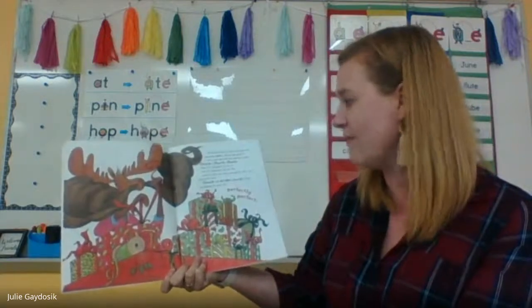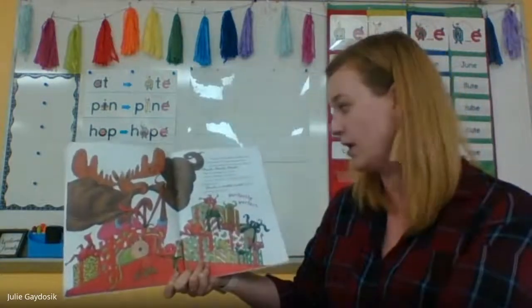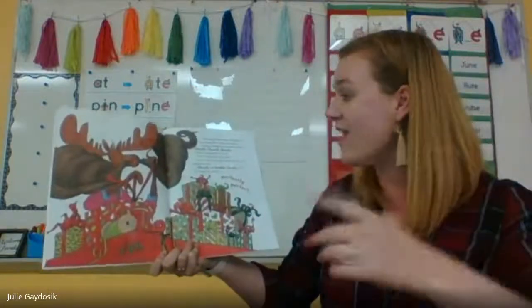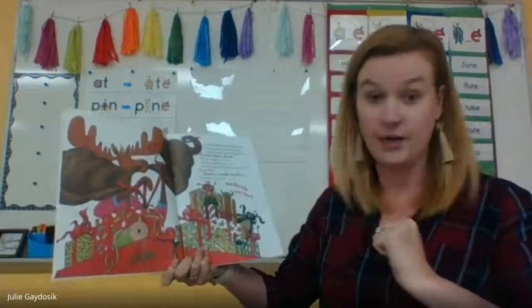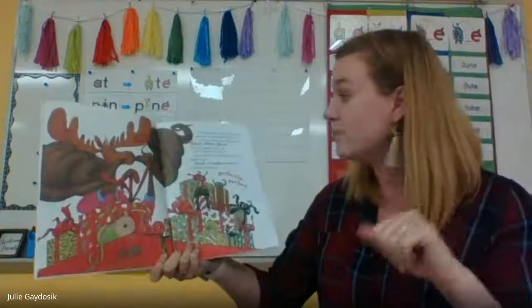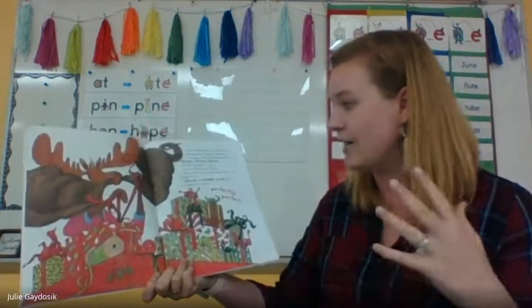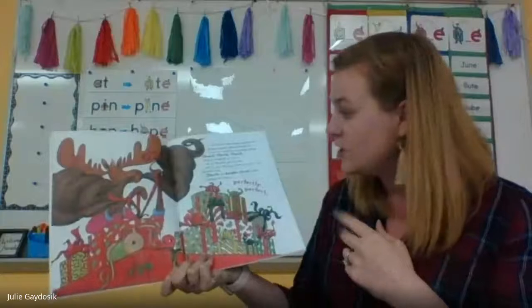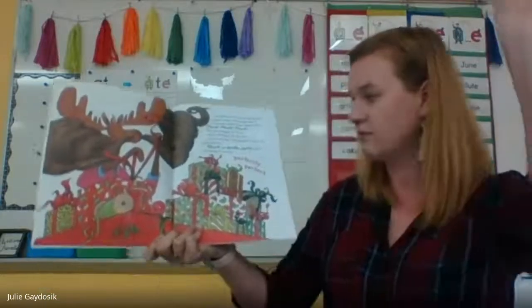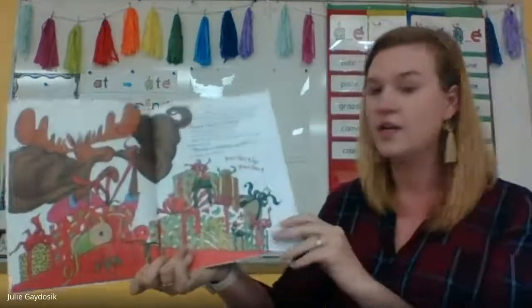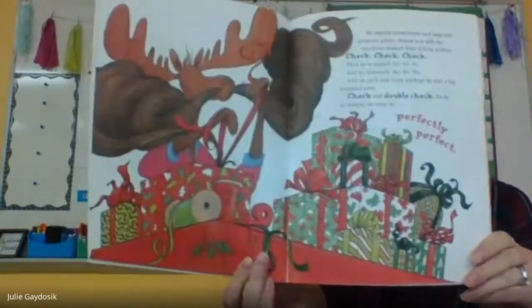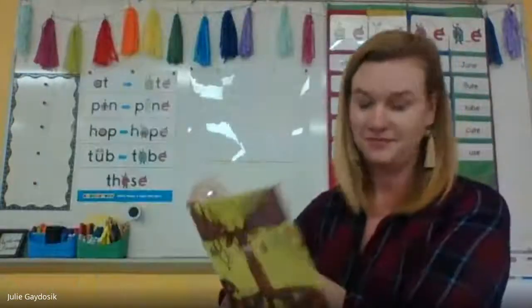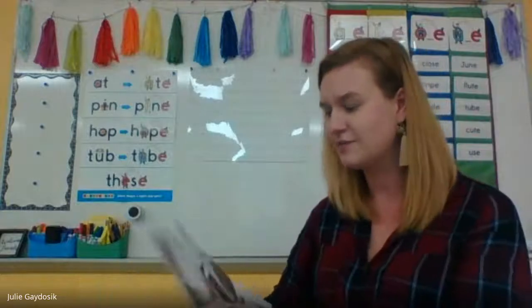Moose had gifts for everyone stacked from ceiling to floor. Check, check, check. Then he wrapped yo, yo, yo, and he ribboned ho, ho, ho. And on each and every package, he tied a big, beautiful bow. Check and double check. So far, so simple, so easy, so perfectly perfect. Man, he seems like he's got it all together.